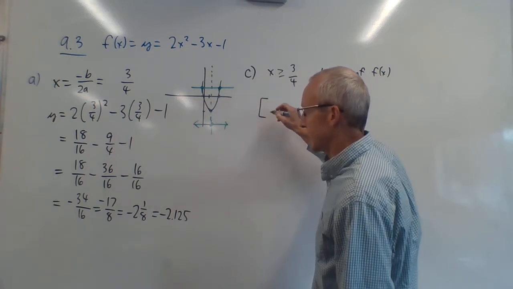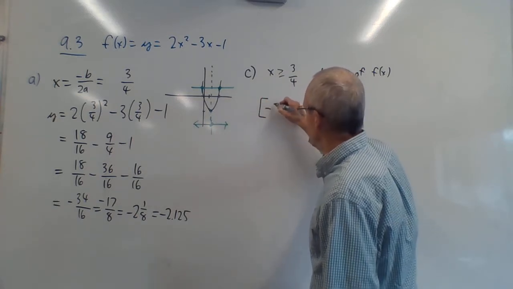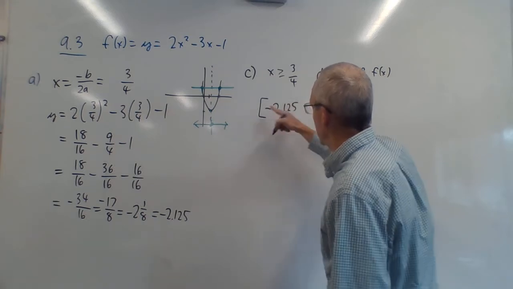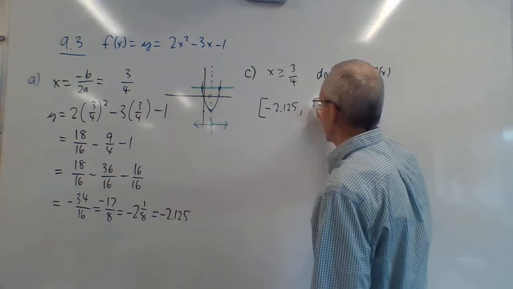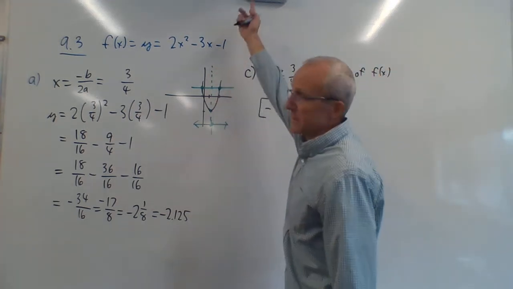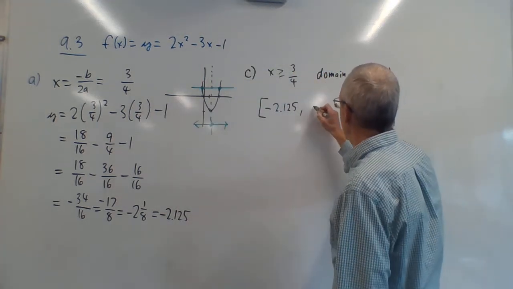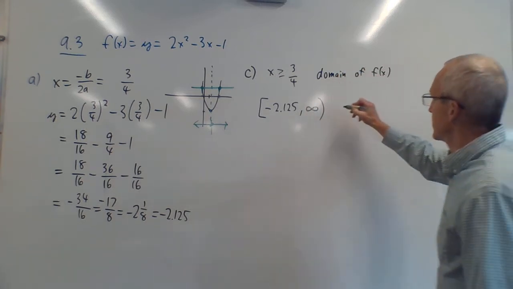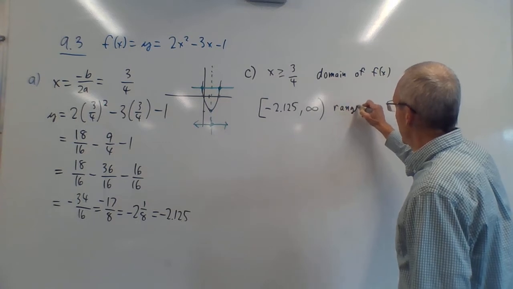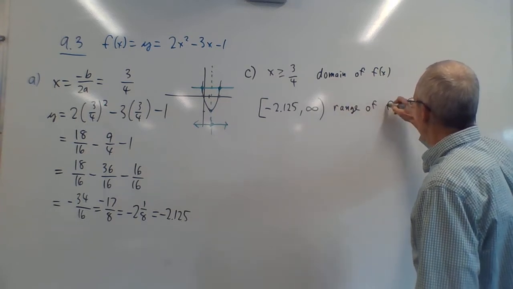It's as small as the vertex, which is negative 2.125, and I put a bracket there because it includes that. And then it goes all the way to infinity, since this probably goes up forever, so I'm going to put a closed bracket like that. So this is the range of f of x.